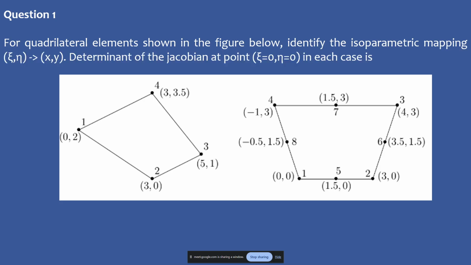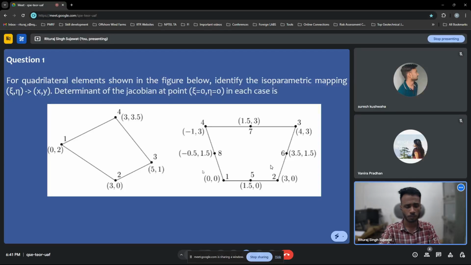Similarly, you need to form the coordinate system. For that you need to write the shape functions for all 8 points, and using those 8 shape functions you can determine your coordinate system x y, then find your Jacobian, and once you have your Jacobian, you can find the determinant of that particular system.